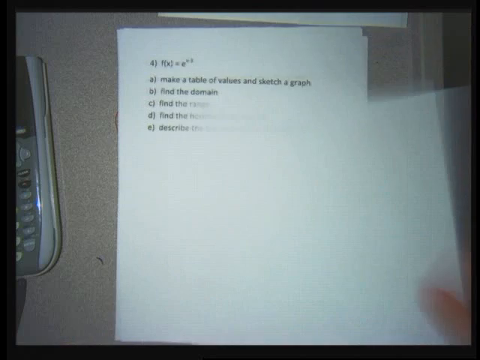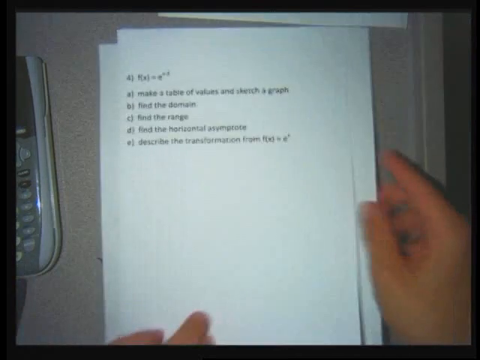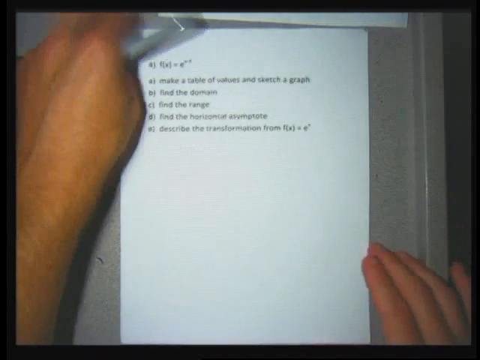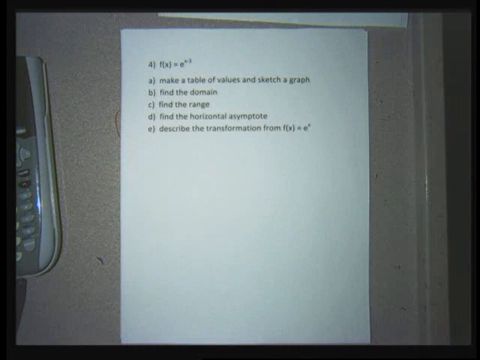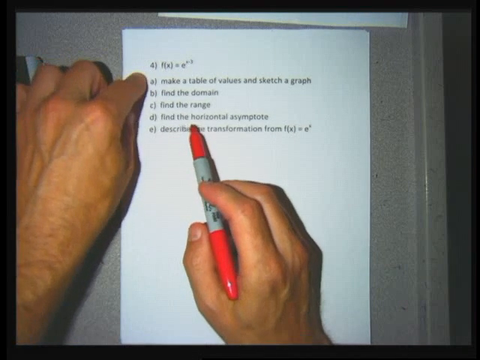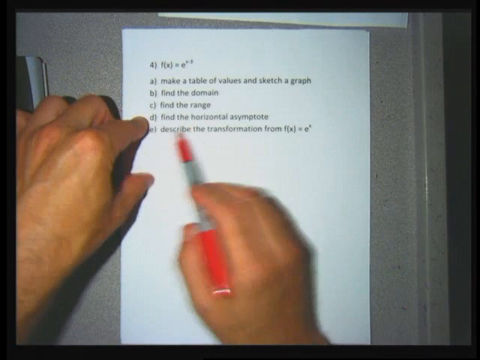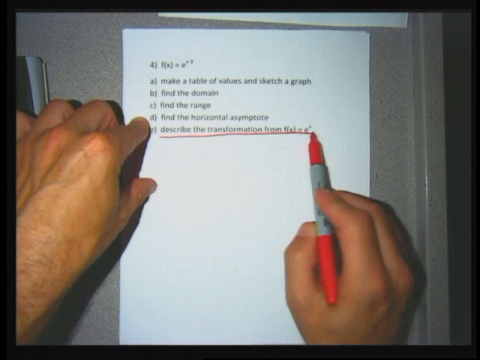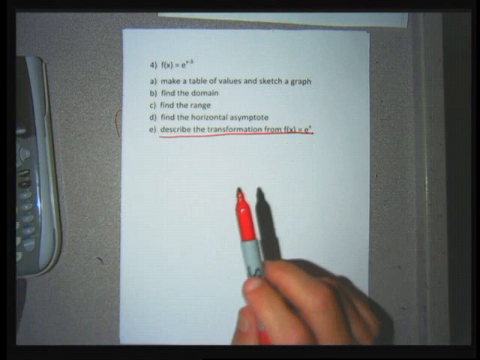Okay, more graphing. Next one is graphing e to the x minus 3. I should talk before I graph about transformations, because this one asks me to make a table of values, find the domain, the range, the horizontal asymptote, and then it tells me to describe the transformation from e to the x.